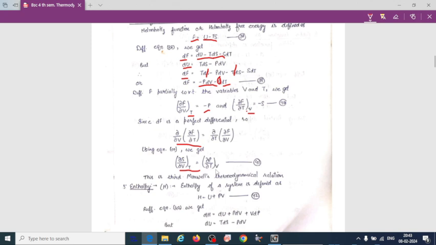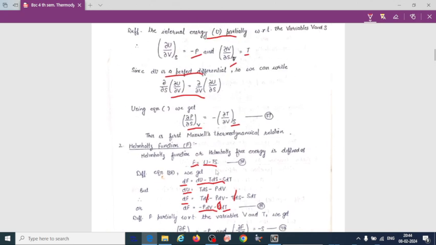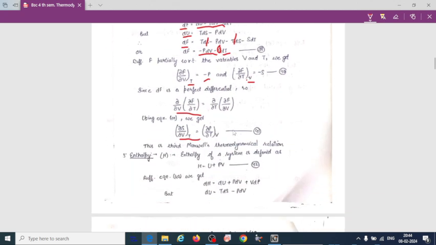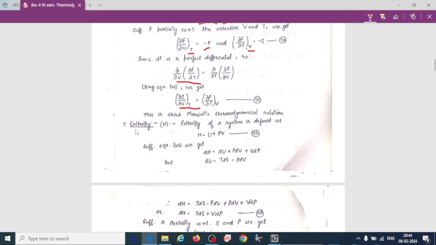The first Maxwell thermodynamic relation is dou P by dou S at constant volume minus dou T by dou V at constant entropy.